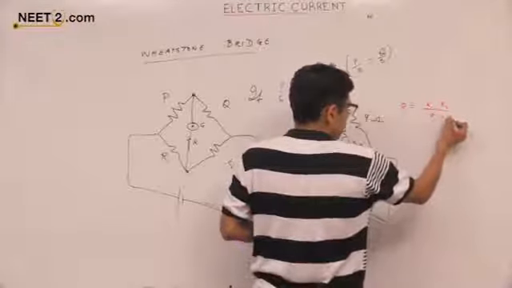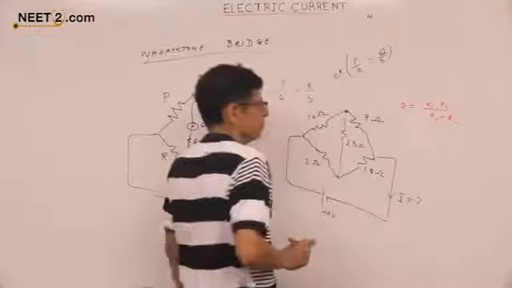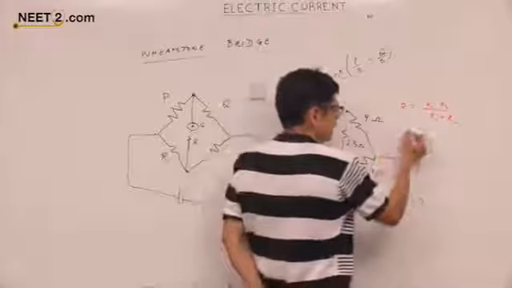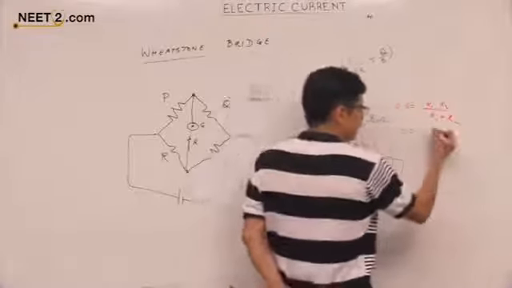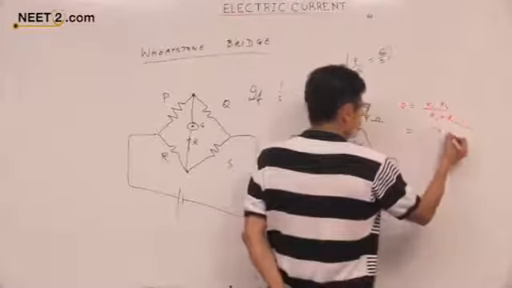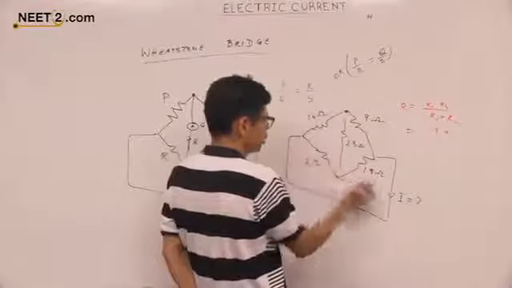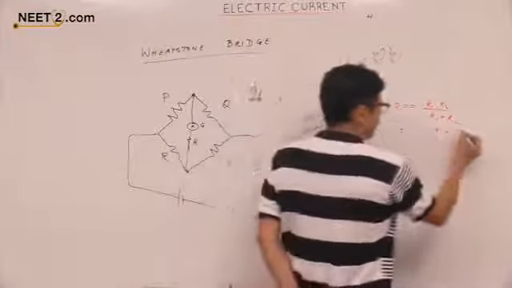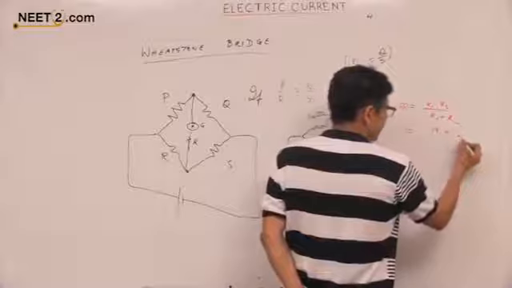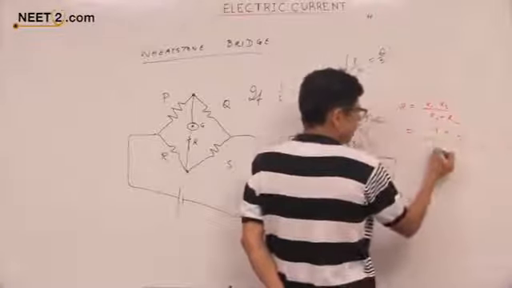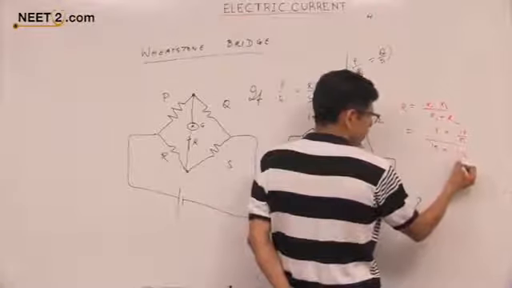That's the effective resistance in parallel. Now R1 is 19, R2 is 1/5 because each portion has become 1/5. So I'll write 19 by 5 divided by 19 plus 19 by 5.